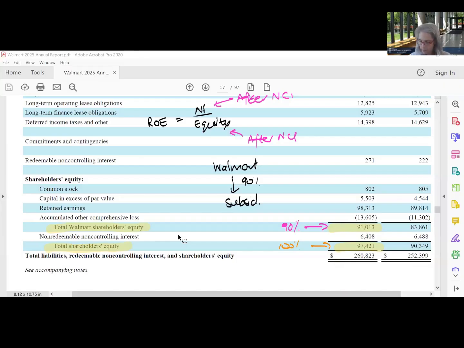So we're going to put in for our shareholders' equity 97. Sorry, 91. After all of that, I got it wrong. 91.013. Okay, and if you look at the prior year, the 83 is what I had in the spreadsheet for the prior year. Okay, so those are my inputs.